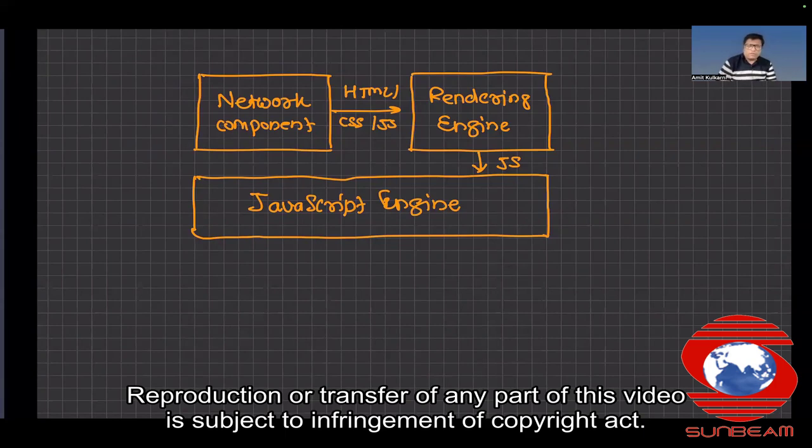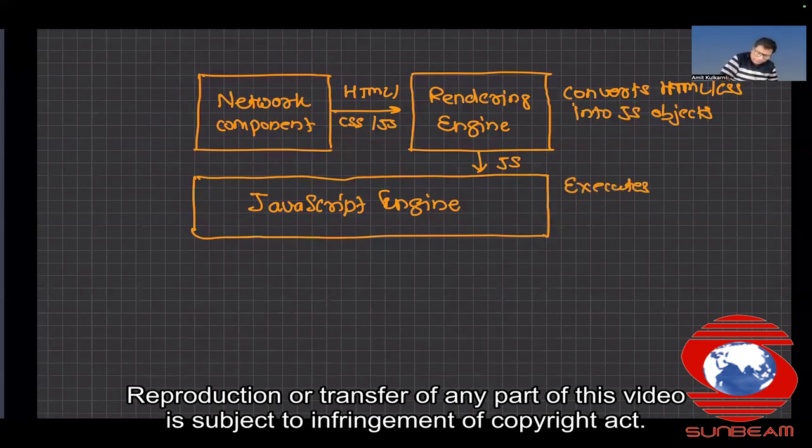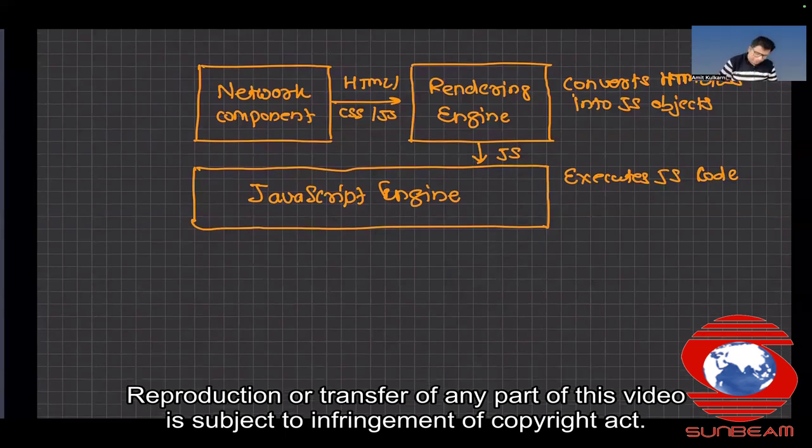This is the one which executes the JavaScript. Again, this converts HTML and CSS into JavaScript objects, and this is the one which executes JavaScript code or JavaScript objects. So execution will be done by using the JavaScript engine.